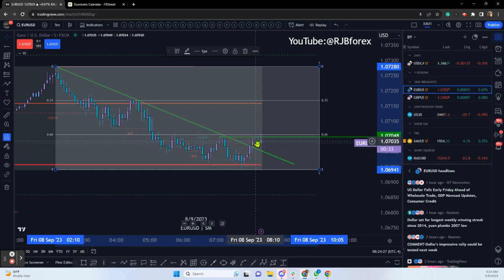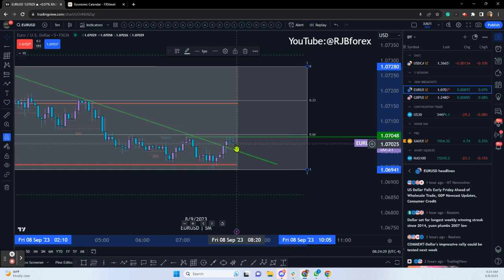So we've had this displacement. Nice to see a nice close above here and a pullback into the origin of that displacement for a long.